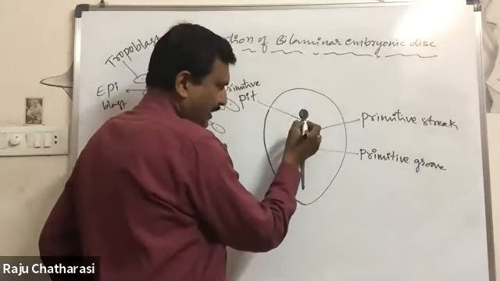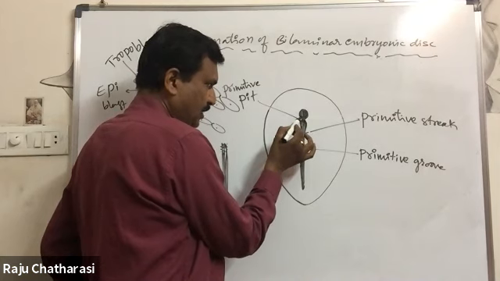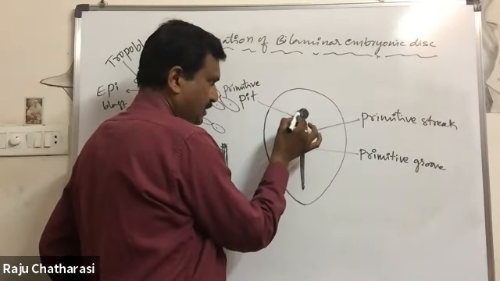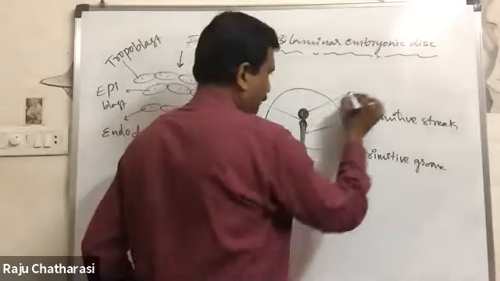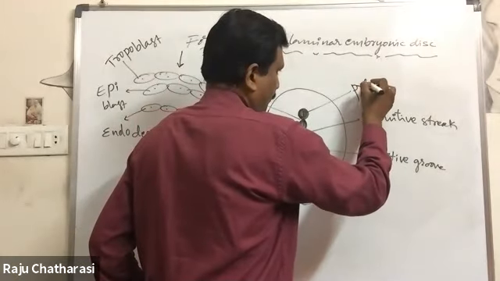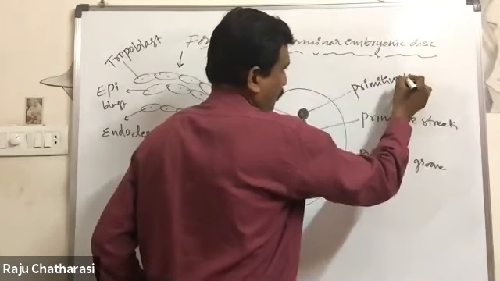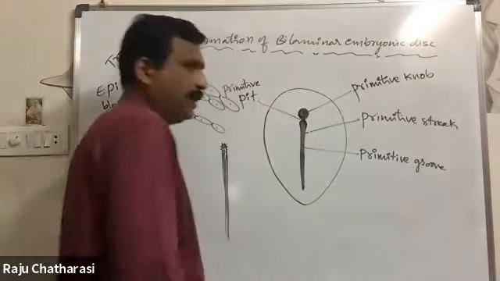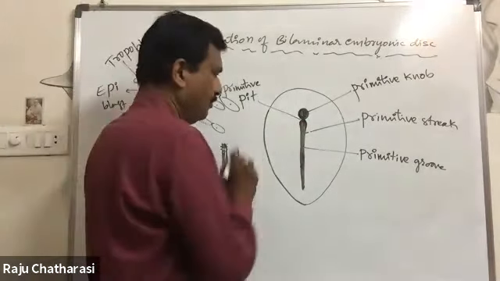And the anterior portion gradually develops and swells like this. This swollen part is called the primitive knob.